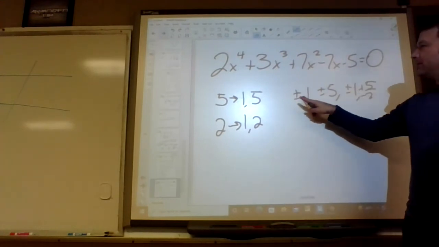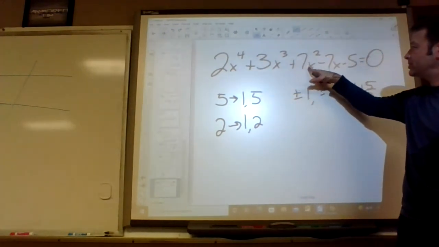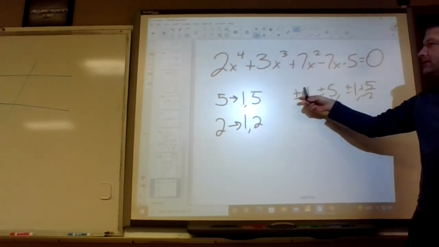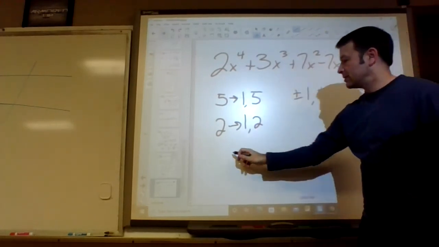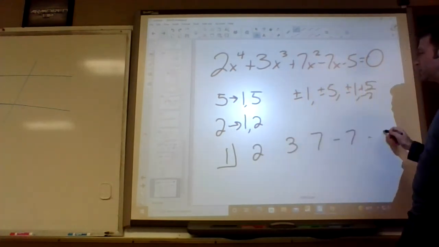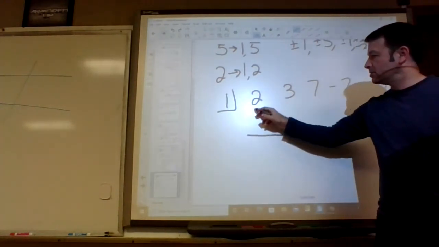So anyway, if I plug in 1, that'd be 2 plus 3 is 5 plus 7 is 12 minus 7 minus 5 is 0. So 1's going to work because I just checked it up here. So I'm going to use synthetic division to find what's left.